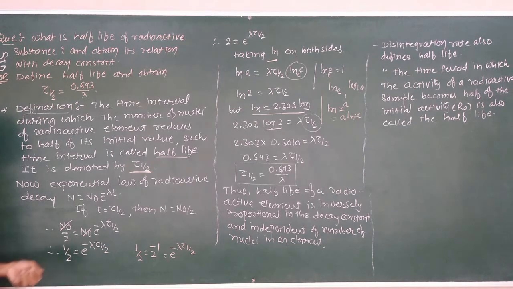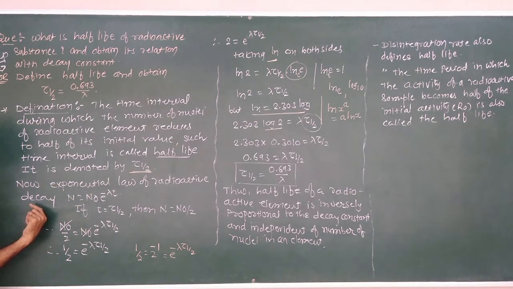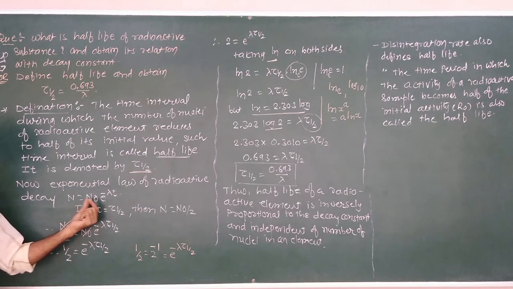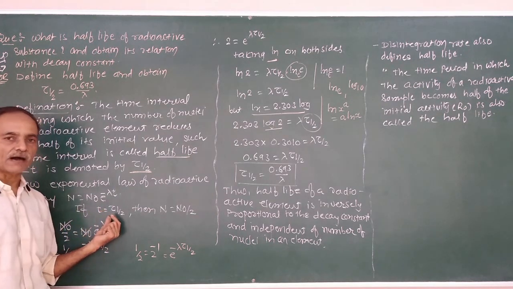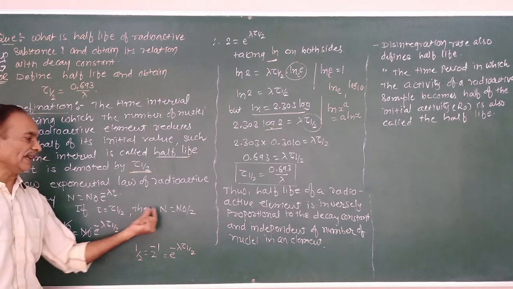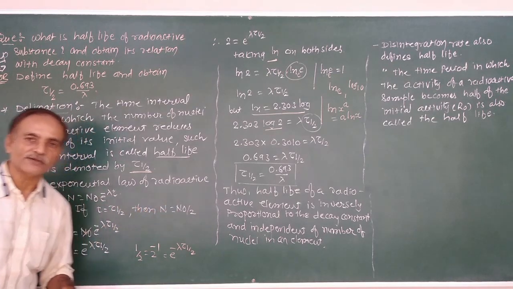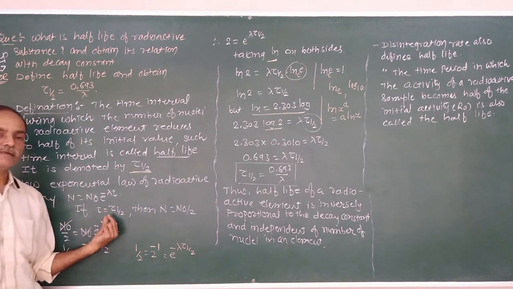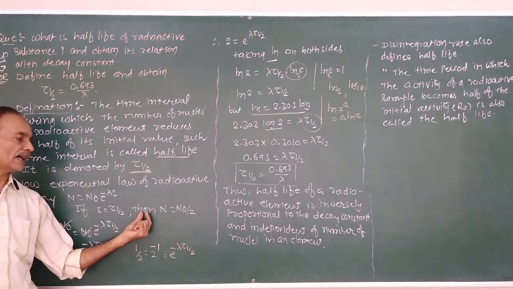Now, exponential law of radioactive decay. N is equal to N0 e^(−λT). If the T we consider as a tau half-life, at that time the N, number of undecayed nuclei, becomes N0/2. Because in time tau half, half the number of nuclei are disintegrated.